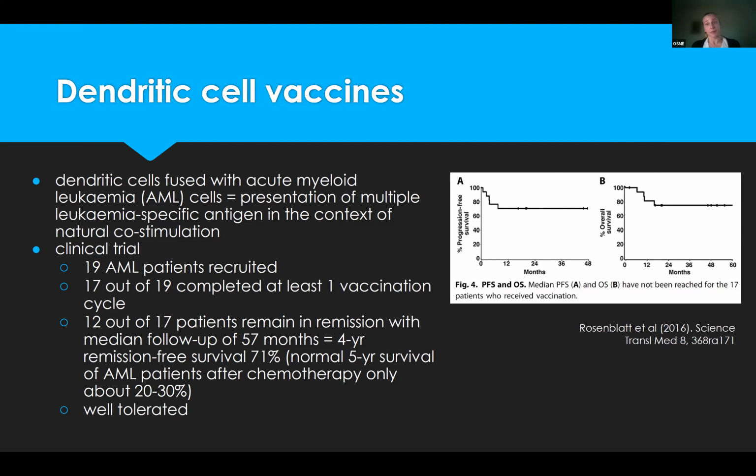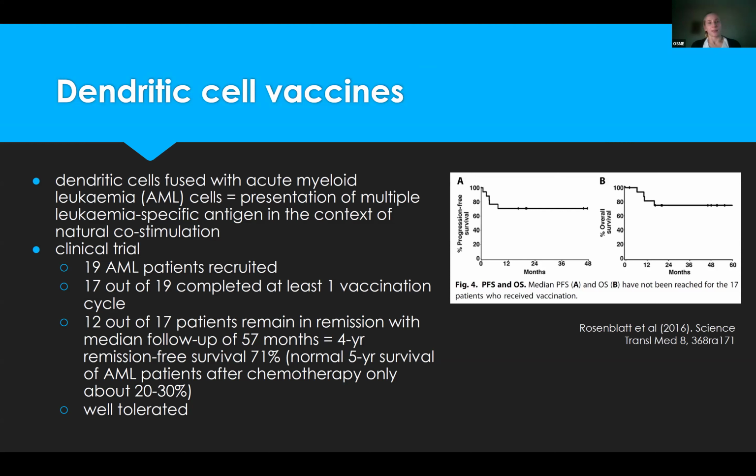Some of you may be thinking, if we boost the immune system like that, are we not going to cause some autoimmune disease? But it looks like if we do it well, and if we actually target the right cancer components, like we did in this case, sorry, I didn't actually say at the beginning, you may have read it, but this was done by fusing dendritic cells with cells of the leukemia, both from the patient.